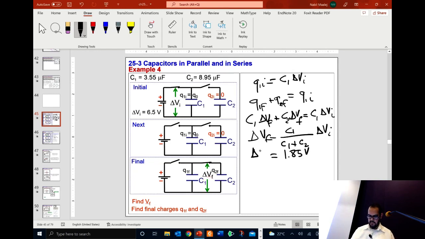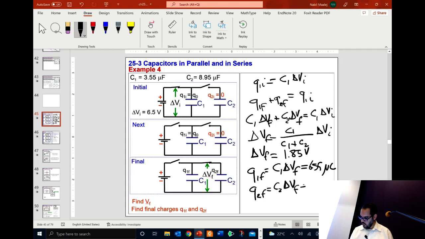Now that we have the potential difference in the final configuration, we can determine how much is the charge on each one. Q1 final is equal to C1 delta V final, and you find 6.55 times 10 to the minus 6, or microcoulombs, and Q2 final is C2 delta V final, and this is going to be 16.5 microcoulombs.